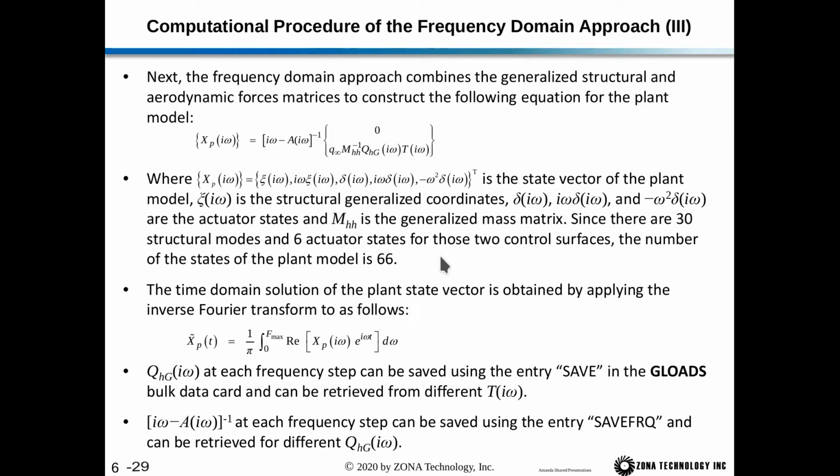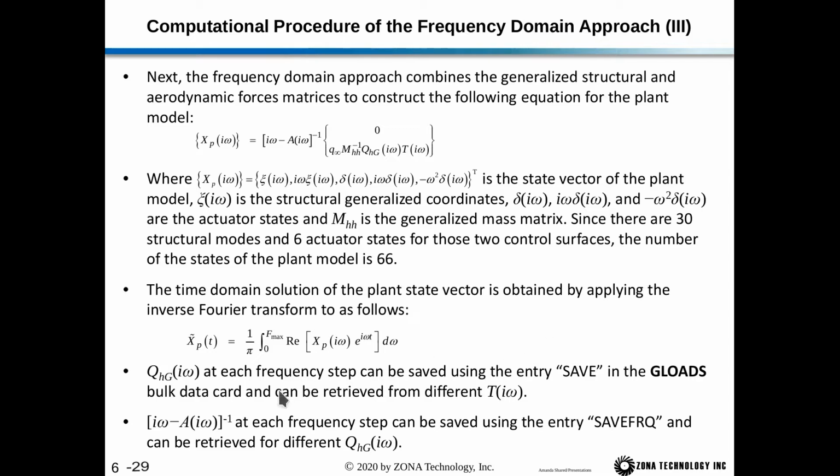Now, since we have 30 structure modes and 6 actuator states, the number of states of the plant model here is 66. And the time domain solution of the plant state vector is obtained by applying the inverse Fourier transform shown here. So the QHG of I omega at each frequency step can be saved using the entry save in the GLoads card, which we've done, and then retrieved for a different T of I omega.